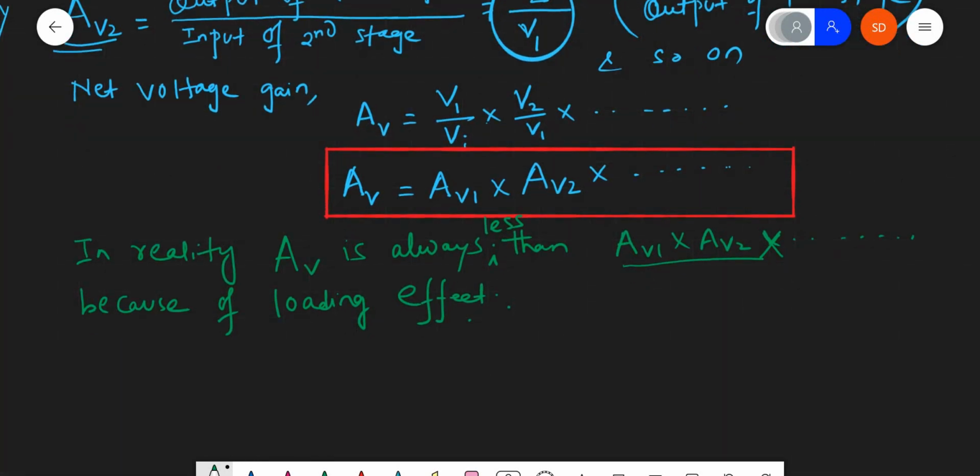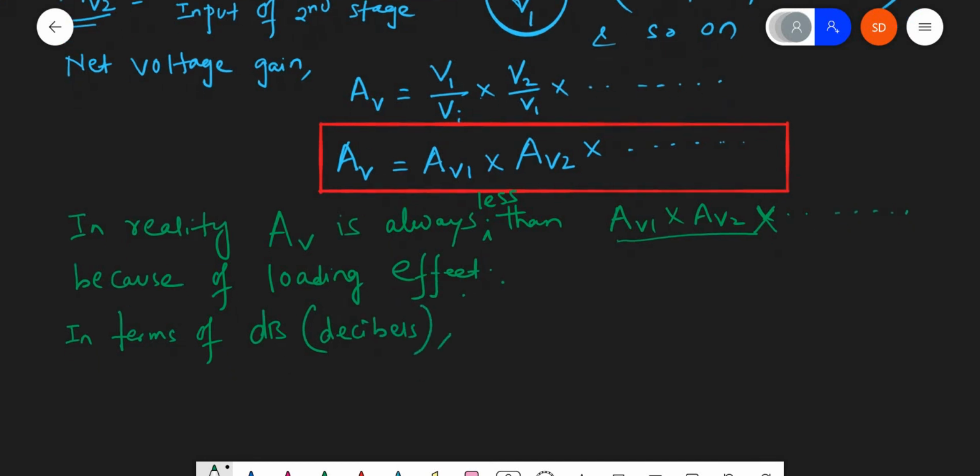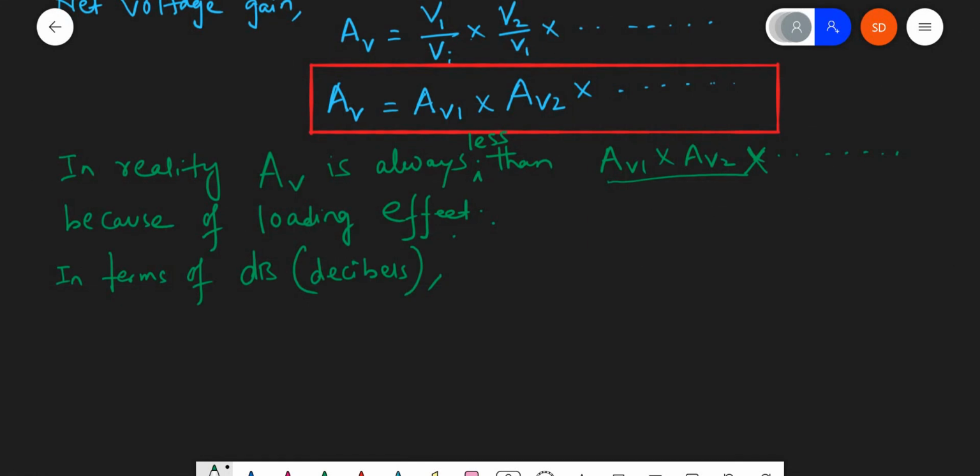Now, in terms of decibels, dB, we can write this net gain as 20 log10 AV is equal to 20 log10 AV1 plus 20 log10 AV2, and so on.